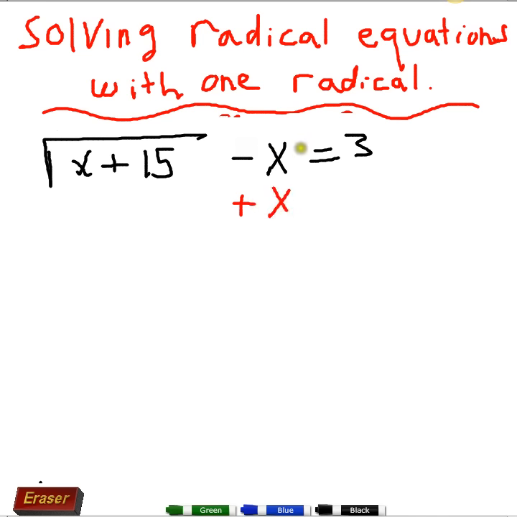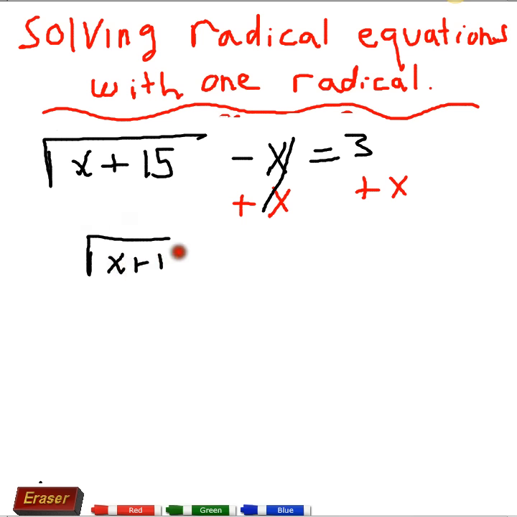This is a negative x, so we're going to add x to both sides. Those cancel because negative x plus x is 0, and you're left with the square root of x plus 15 is equal to 3 plus x. Now the square root is isolated on one side, completely by itself.